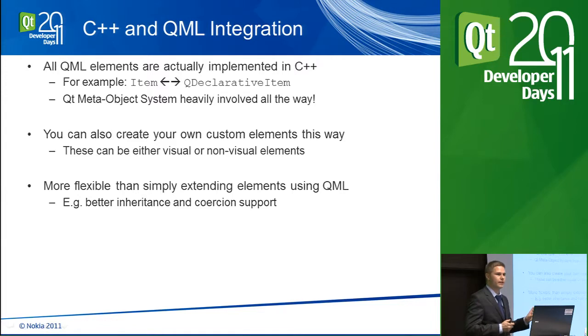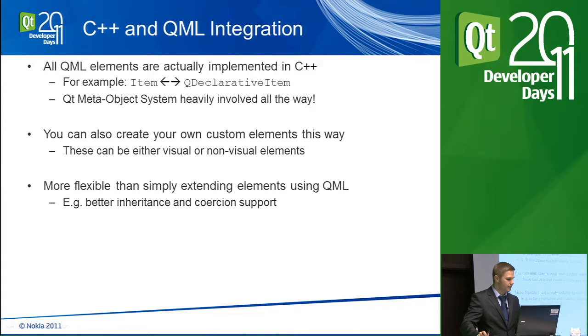It's part of the QtDeclarative module. That class is something that you can use to access items on the QML side of the fence. And this is possible because of the Qt meta-object system, which QML is largely built on. This also means that you can create your own QML elements.